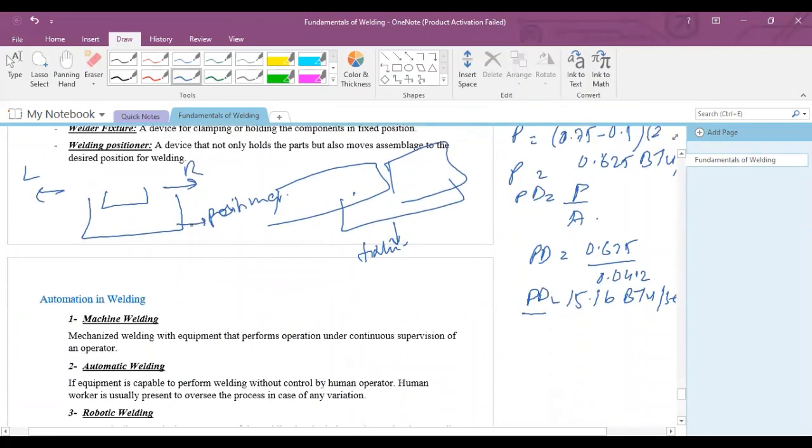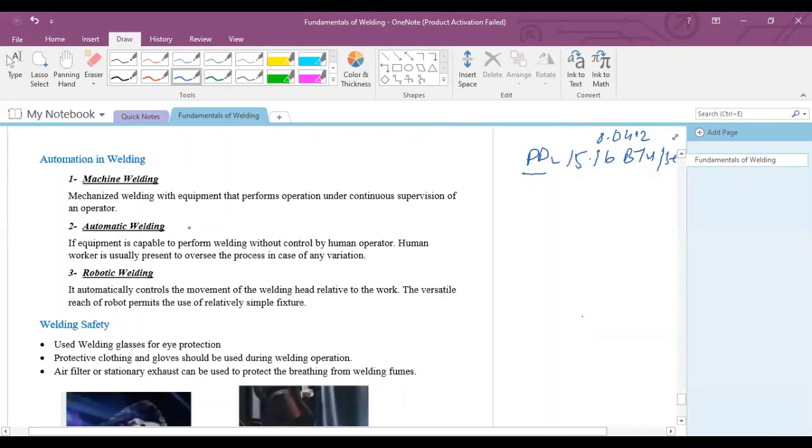The last thing is automation in welding. Like we have machine welding. In NAD University, you can perform manual welding with the help of a machine. You have a transformer and an electrode holder, and in machine welding, high skills are required.